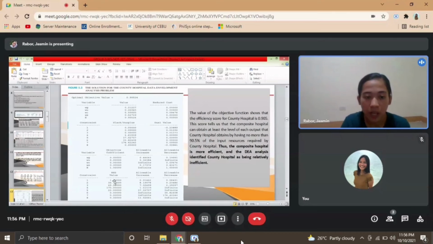So ang right hand side value is just the same, and it also shows the allowable increase and the allowable decrease. The allowable increase is the amount by which you can increase the coefficient of the objective function without causing the optimal basis to change. And the same for the allowable decrease is the amount by which you can decrease the coefficient of the objective function without causing the optimal basis to change.